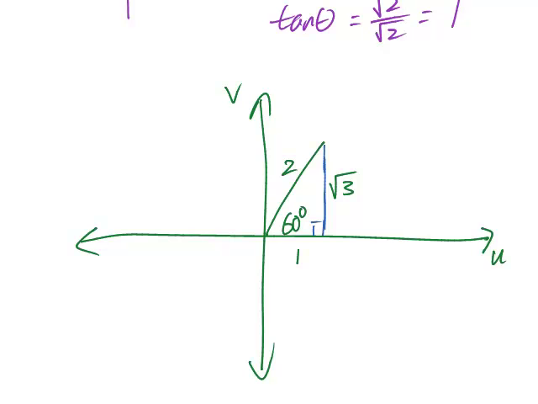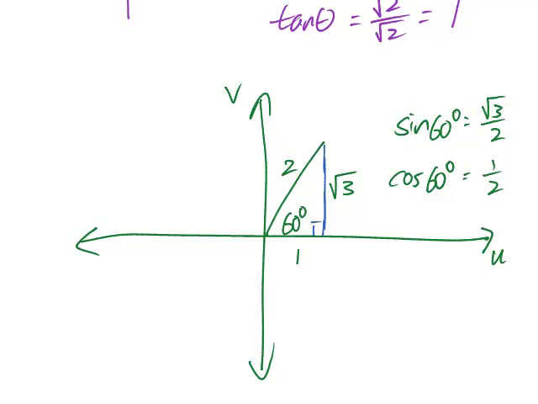And so the sine of 60 degrees is opposite over hypotenuse, root 3 over 2, and the cosine of 60 degrees is adjacent over hypotenuse, or 1 over 2, which you already know.